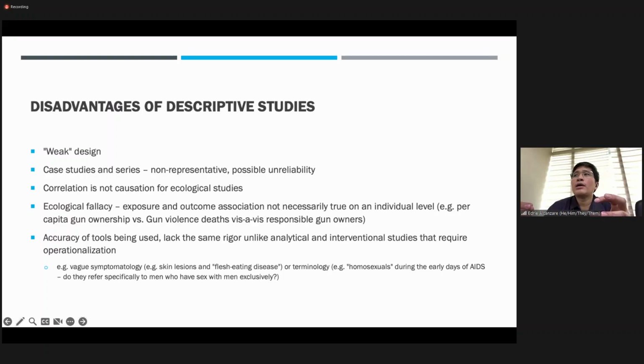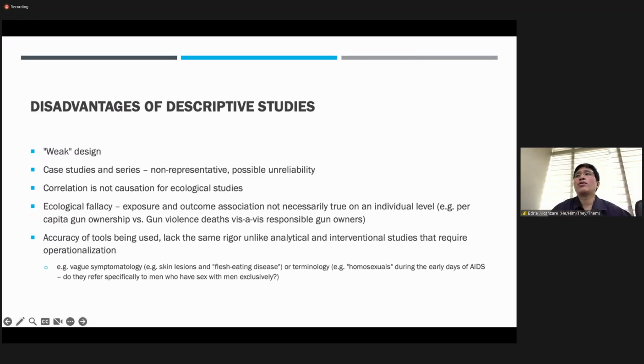Okay, or I'll have vague terminology. I say homosexuals during the early days of the AIDS pandemic. Am I specifically referring to men who have sex with men, or do I also mean by homosexuals everybody in the gay and lesbian communities?